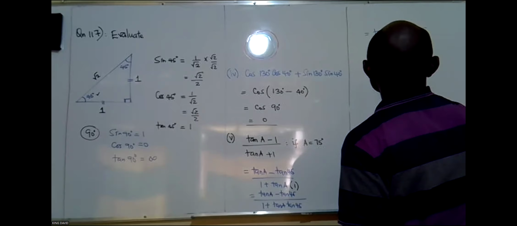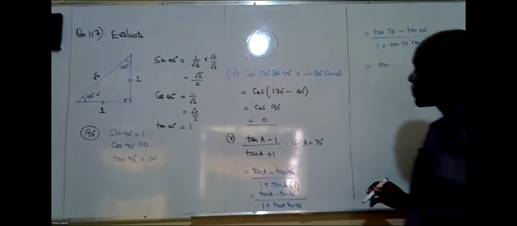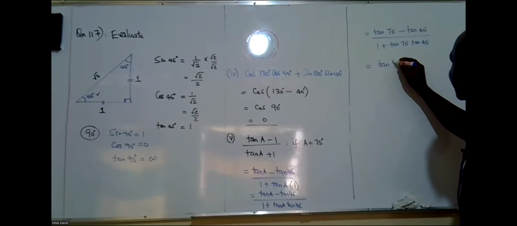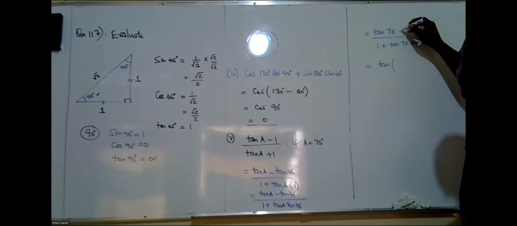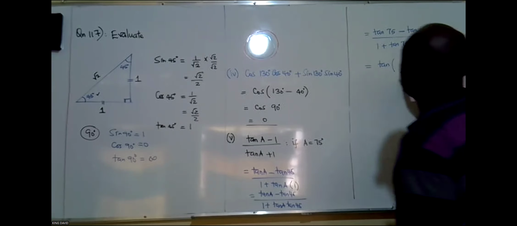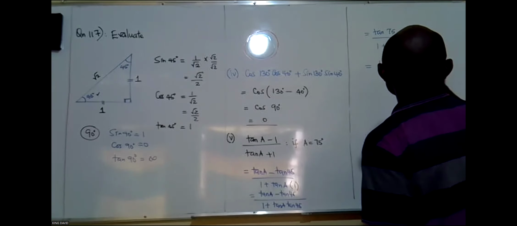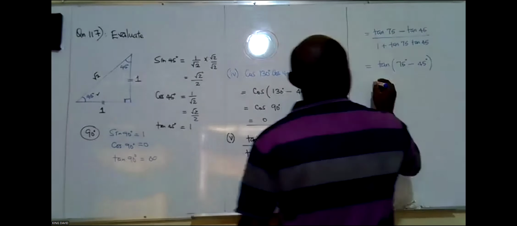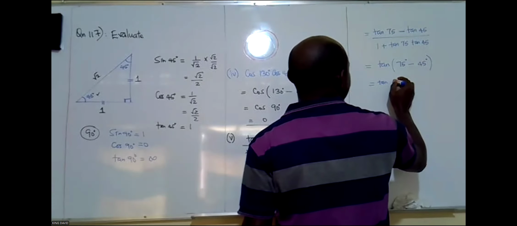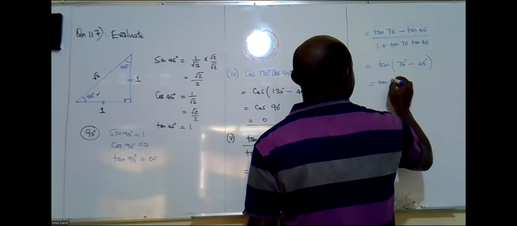So this is an expansion of tan, and we take the sign that is in the numerator, which is a minus. So it is an expansion of tan 75 minus 45. These are degrees. And that will give us tan of 30 degrees.